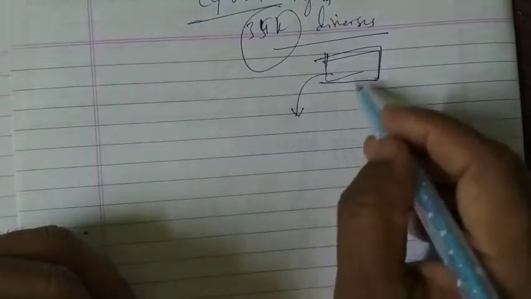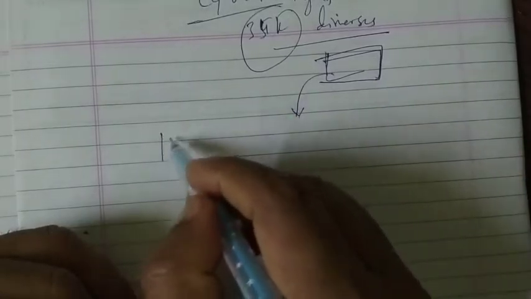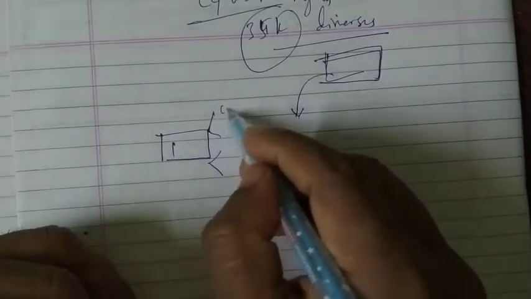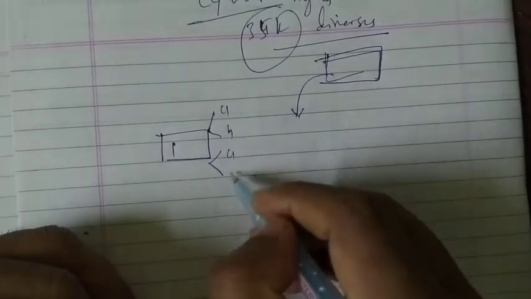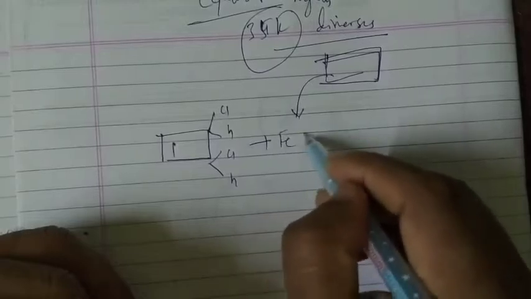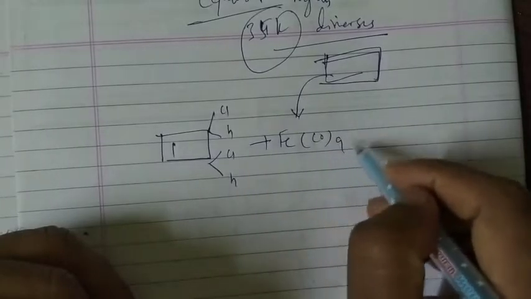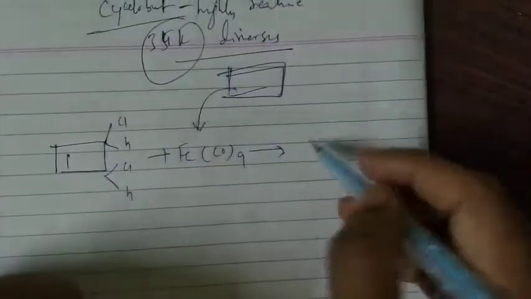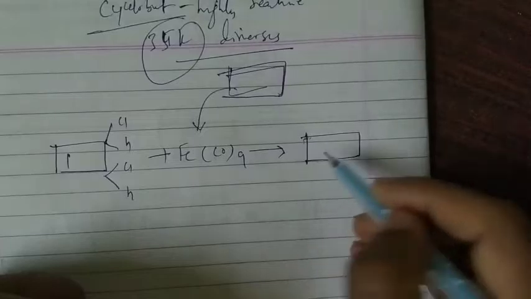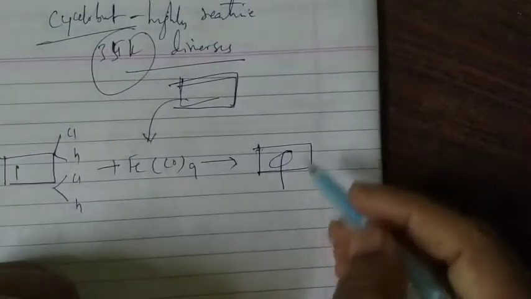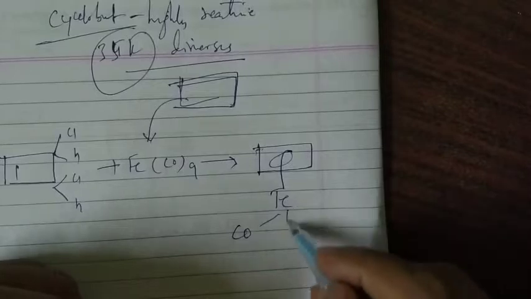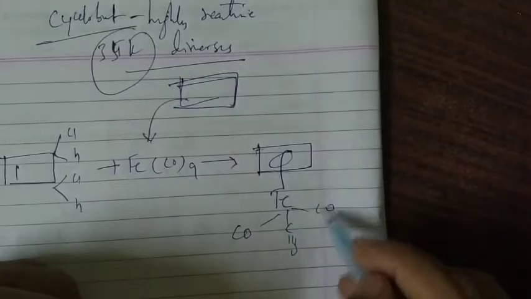But when you treat this unreactive compound, like you take this compound, okay, you substitute this like this, and when you treat this with complex CO9, you can take this, okay, like this. So what will happen, being a highly unstable form, it is going to form this complex, a stable complex of carbon, like this.